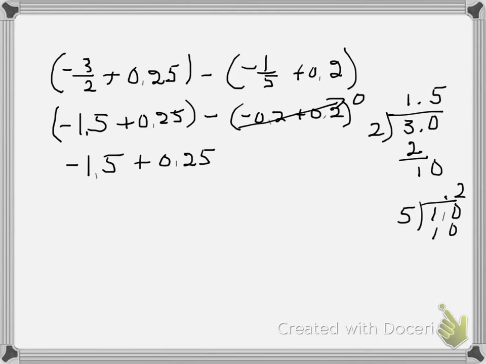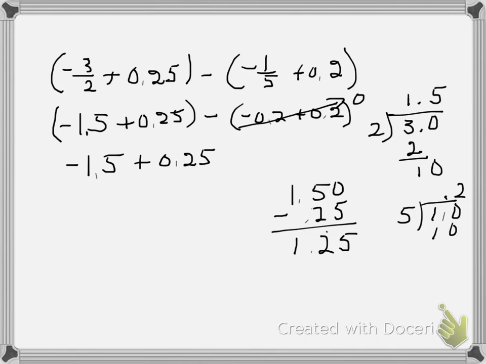If I'm adding a positive and a negative, I find their difference. So 1.5 minus 0.25, whoops, excuse me, got a little messy there. I'll add the 0 for a placeholder, subtract, 5 from 10 is 5, 2 from 4 is 2, and bring down the 1.